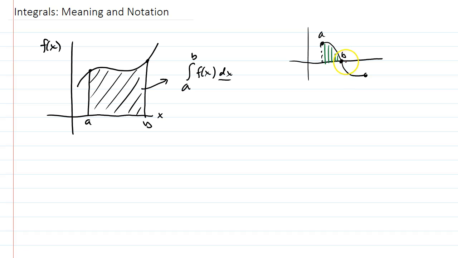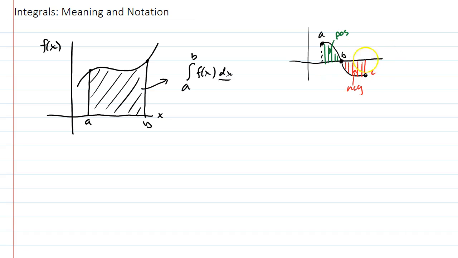As you start moving from B over to C, that curve is actually underneath. And so when you do integrals, you consider area that's under the x-axis as negative, and the area that's above the x-axis is positive.